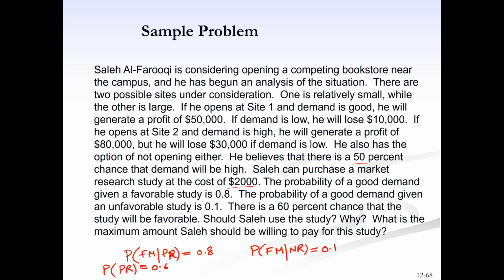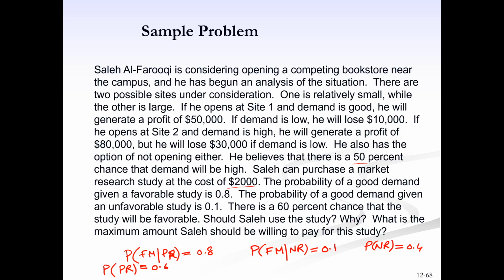0.6, which means that the probability of negative report is 0.4. The other probabilities can easily be worked out here.